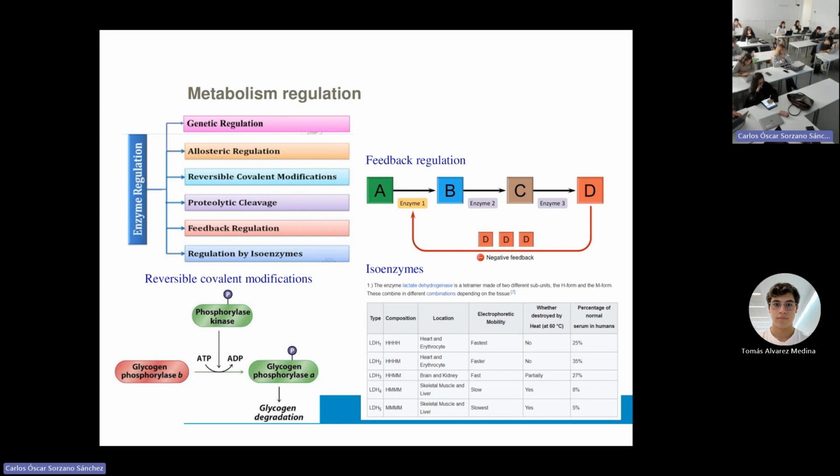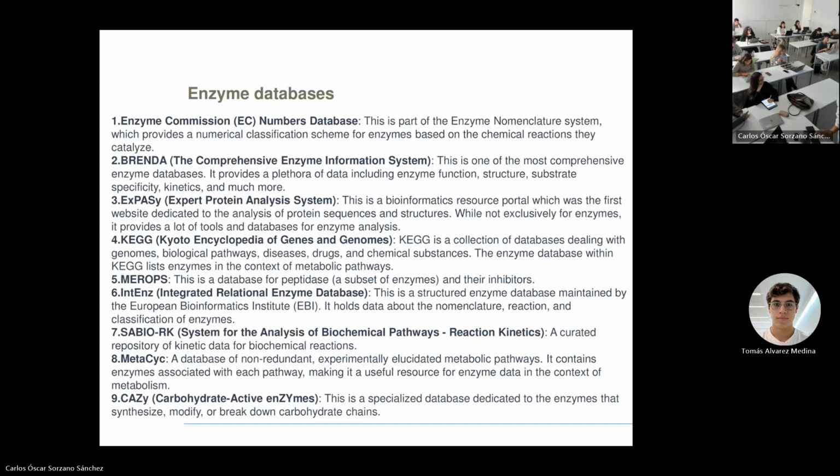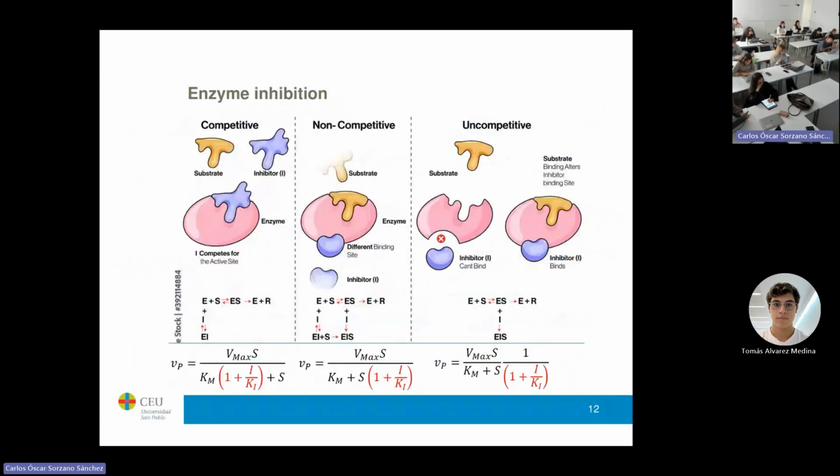Genetic regulation we have already seen. Allosteric regulation is this one. These 2 are allosteric regulation. So the release of the substrate is regulated by a different binding site. So this different binding site is called allosteric.